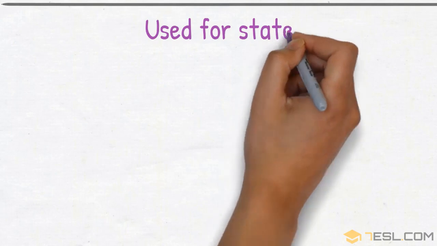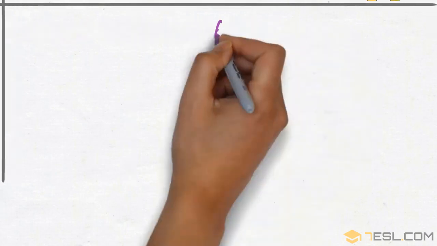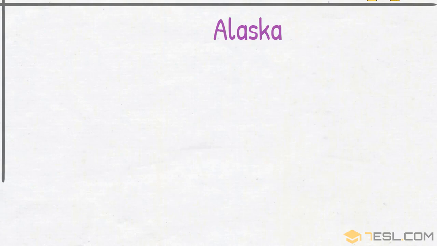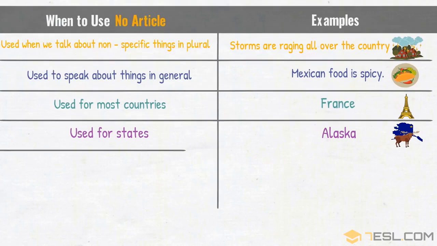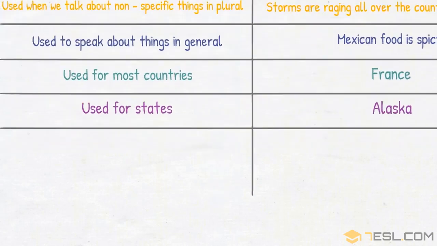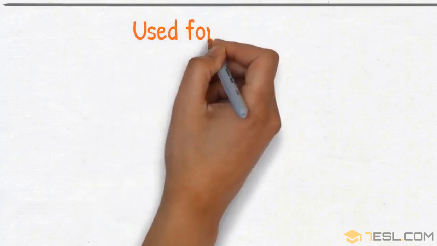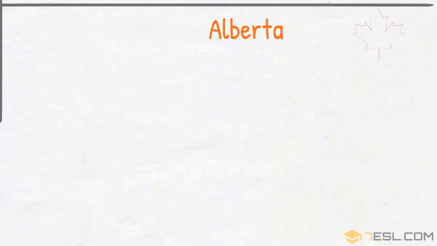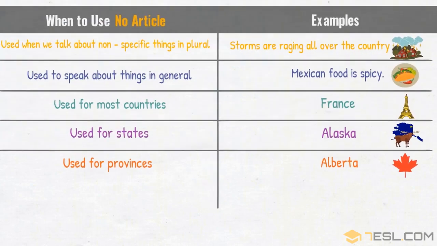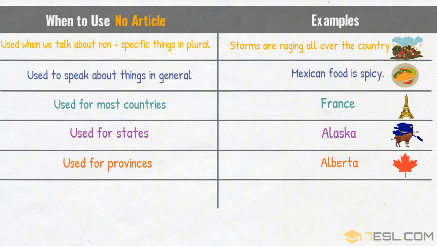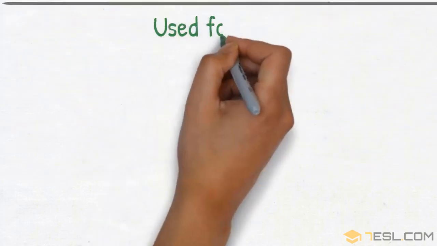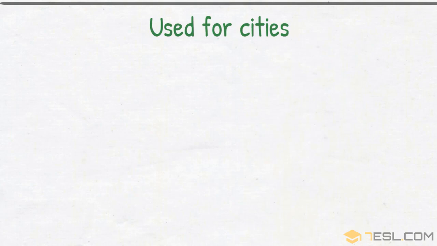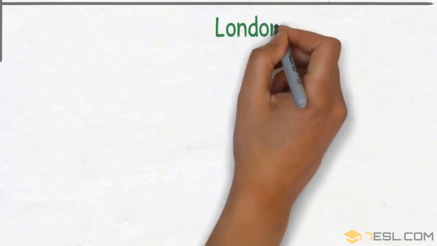Used for states: Alaska. Used for provinces: Alberta. Used for cities: London.